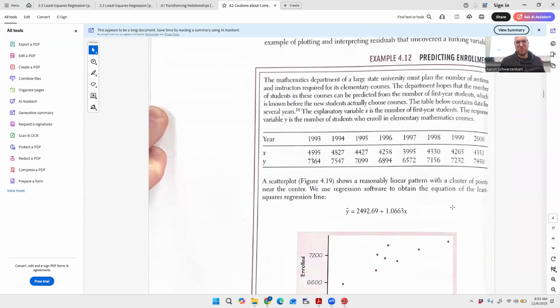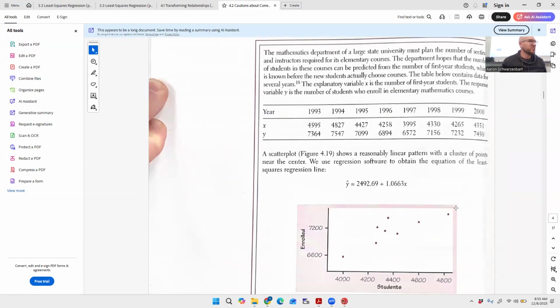So, predicting enrollment. This is something colleges have to do because they need to figure out how many professors they need to hire, right? So, the mathematics department at a large university must plan for the number of sections of instructors required in elementary courses. The department hopes that the number of students in these courses can be predicted by the number of first-year students.